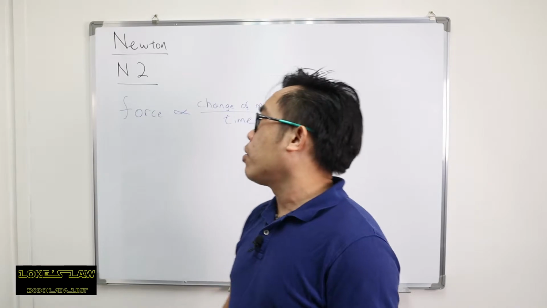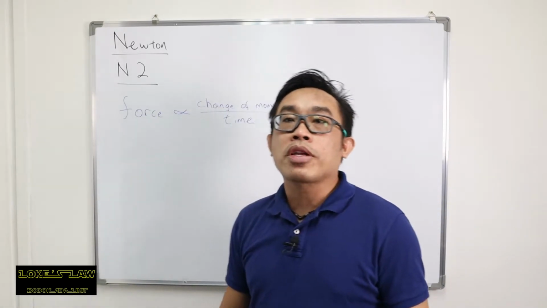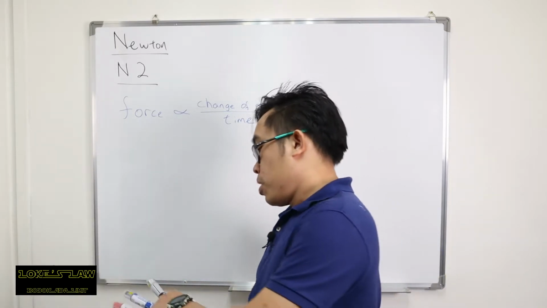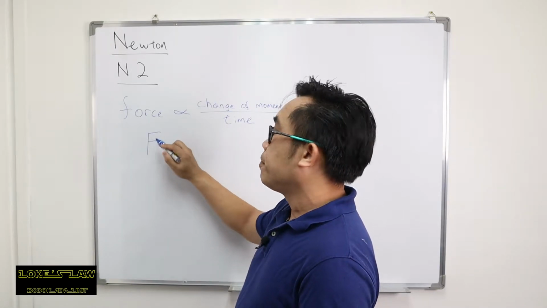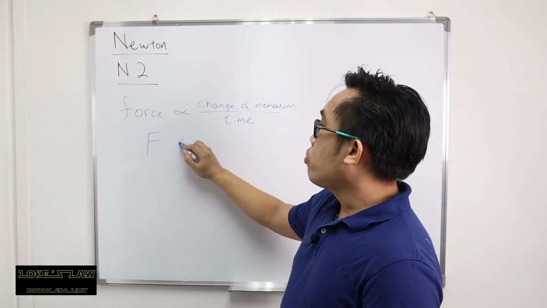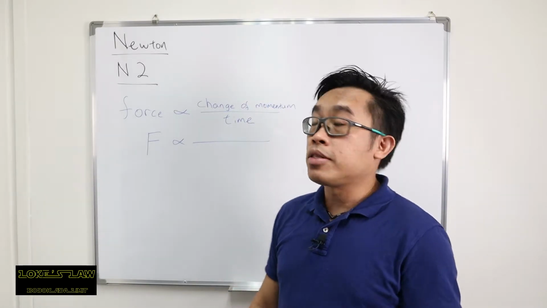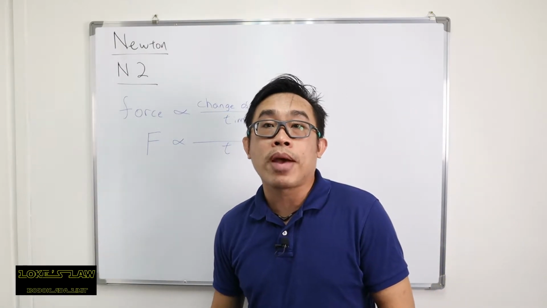What is the main point of it? What is it trying to tell us? This can be changed into a formula. Force we write with the symbol F, proportional to the rate of change, and rate means divided by time, of the change of momentum. What do I mean by momentum?